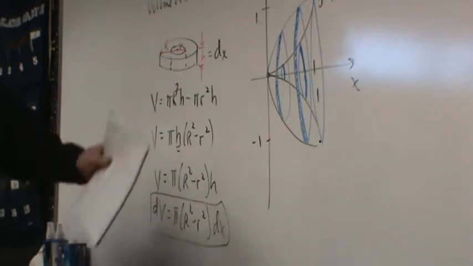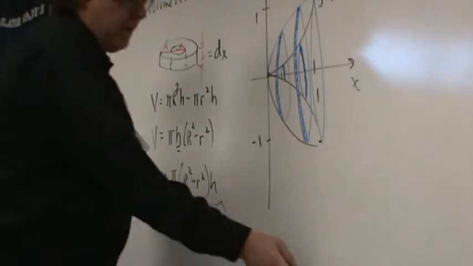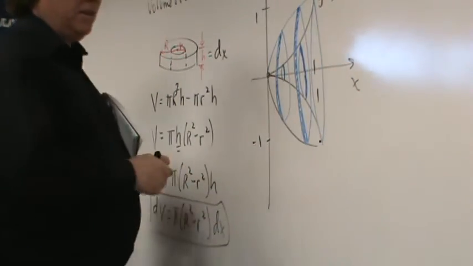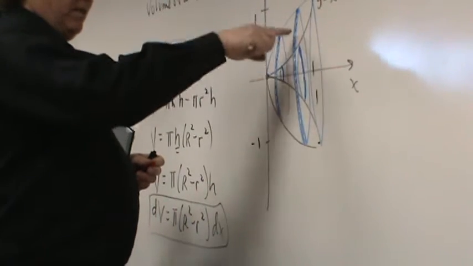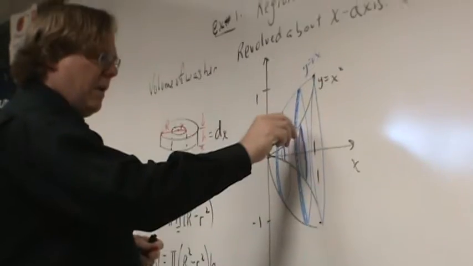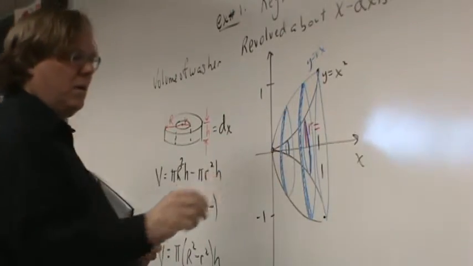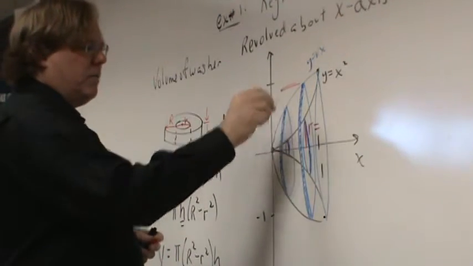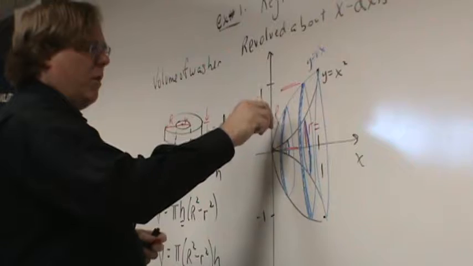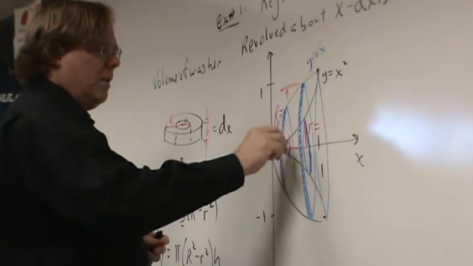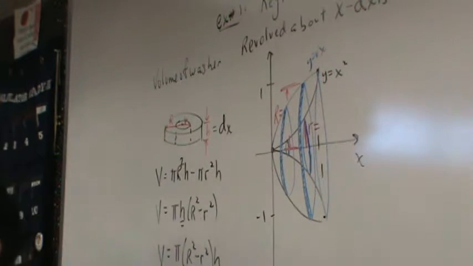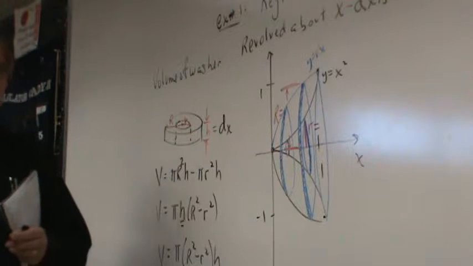So anyway, looking at this representative washer, I've got this radius, which I'll call small r, and I've got this radius here, which I'll call big R. You tell me, what is small r?